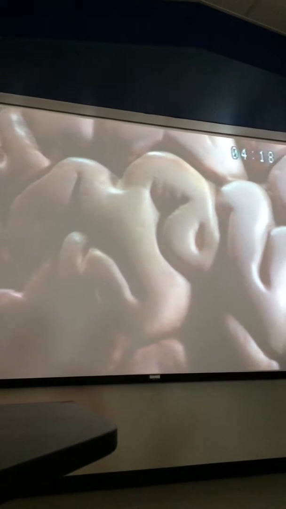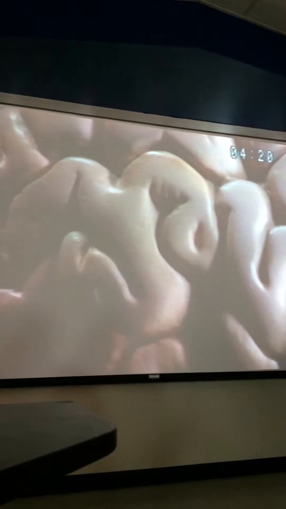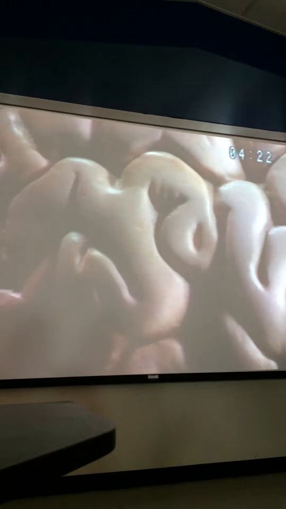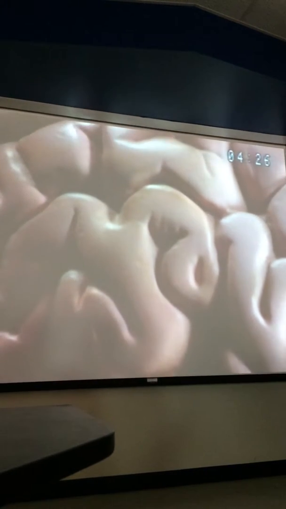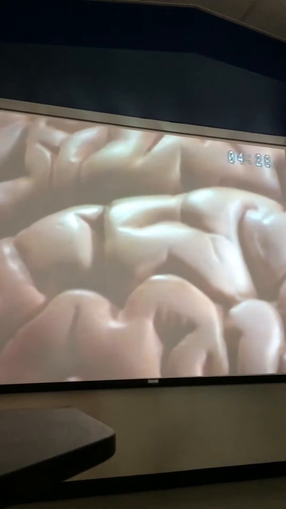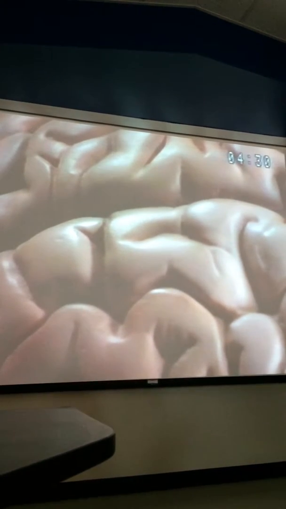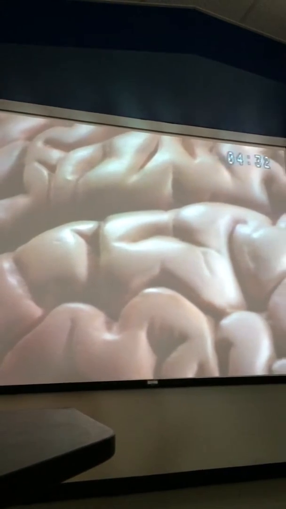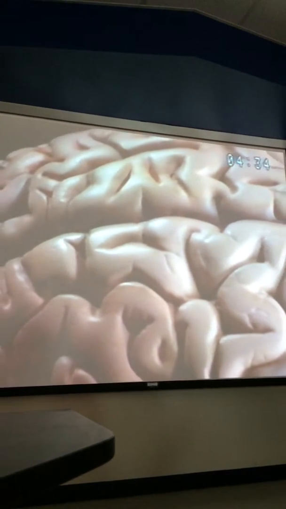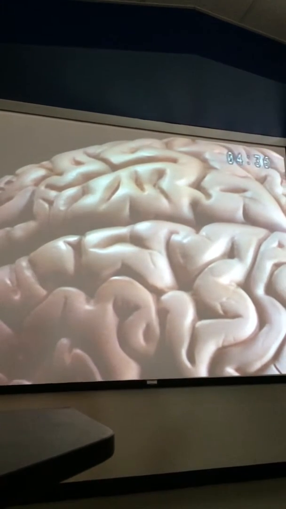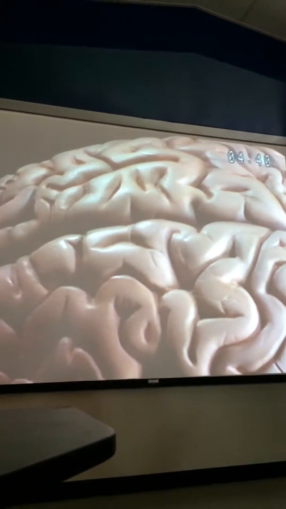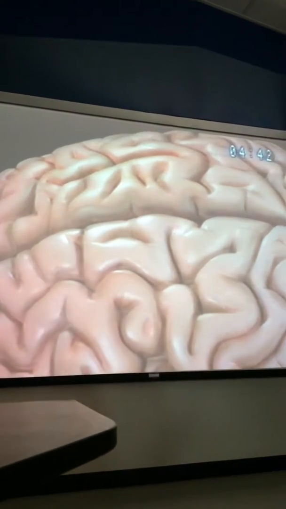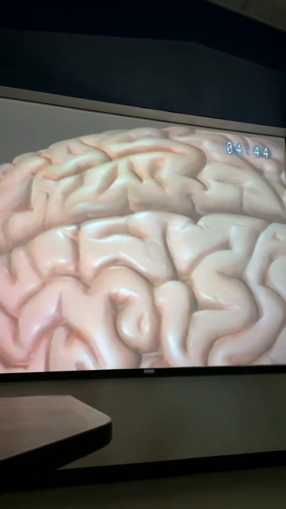Each ridge is known as a gyrus, plural gyri, and each depression as a sulcus, plural sulci. The precise pattern of these folds varies considerably between individuals and even between the 2 halves of the same brain. However, some principal gyri and sulci can always be identified, and specific behavioral functions have been related to them.